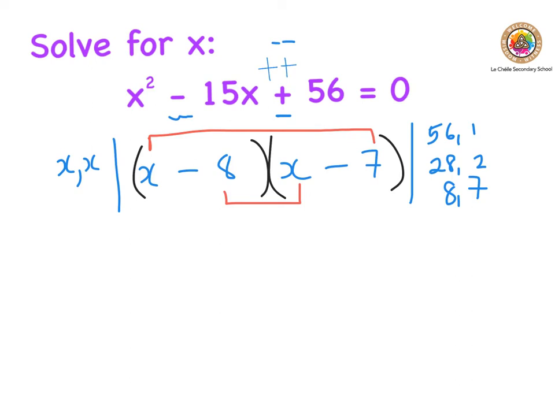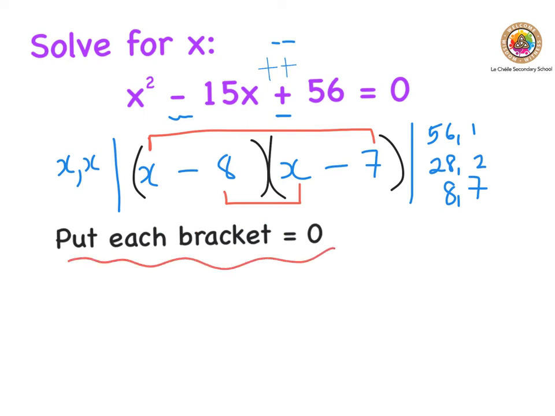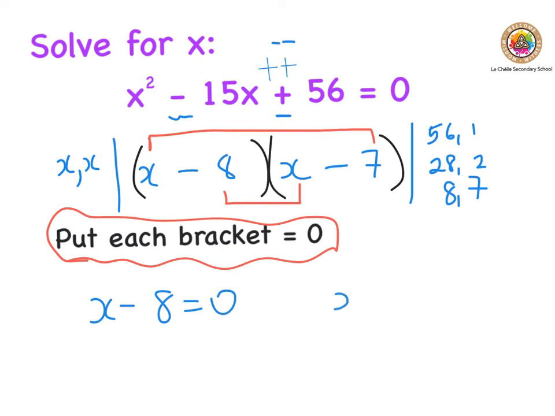So that was our usual bracket method. Now, that is all equal to 0, isn't it? So what am I going to do here? I'm going to put each bracket equal to 0. Very important there. So that's simply x - 8 = 0 and x - 7 = 0.